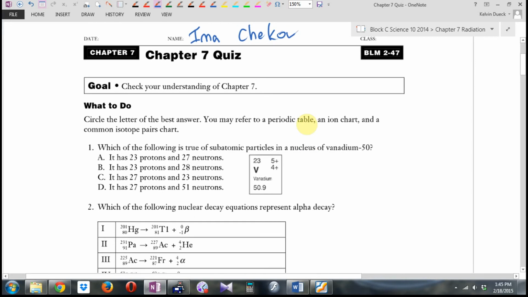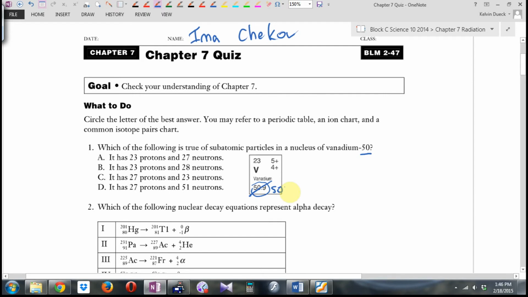Which of the following is true of subatomic particles in a nucleus of vanadium-50? Of vanadium what? So even though it has a mass of 51, normally we have an isotope. What's the mass of our isotope? 50. I'm not going to use 51, I'm going to use 50. This is an isotope.